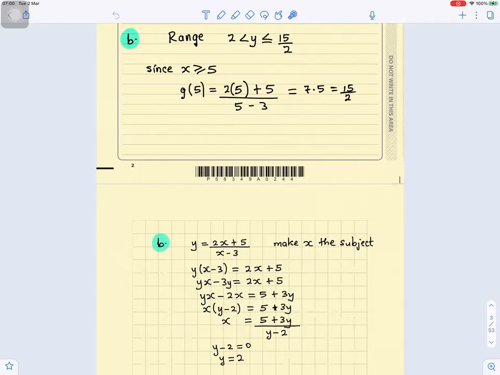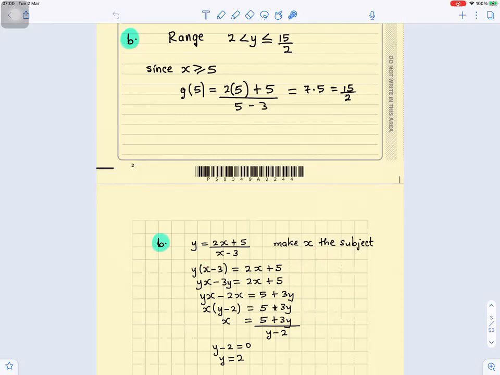Another way to do part B is to write y equals 2x plus 5 over x minus 3. You make it equal to y, and then you want to make x the subject. So x minus 3 goes to the left. It becomes y bracket x minus 3 equals 2x plus 5. Remove the bracket.